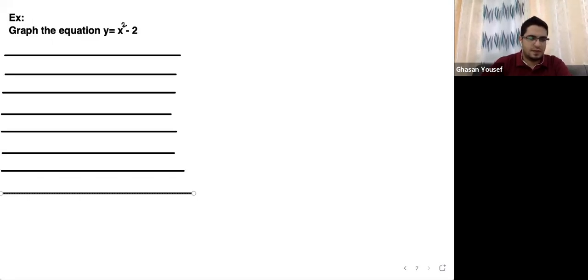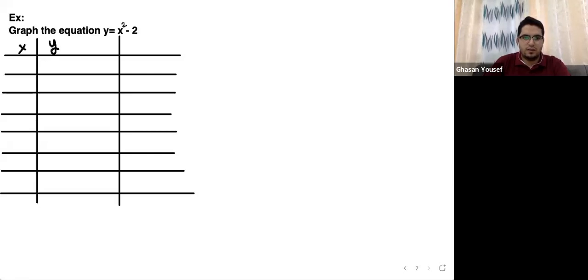This is my x coordinate and this is my y coordinate. So now I have x, I have y equals x squared minus 2, and this is x comma y. And here I'm going to choose random points, for example, minus 3, minus 2, minus 1.